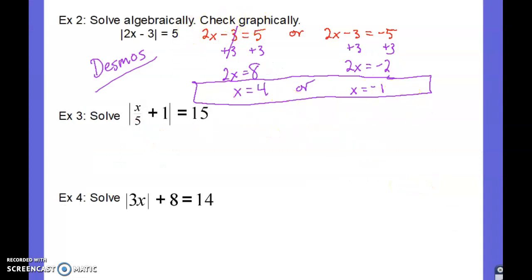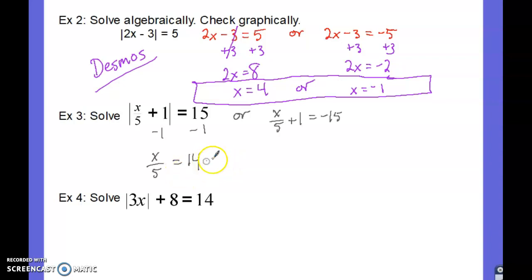Now the next one doesn't ask you to do that, so we don't have to. But again, your statement is either what's inside is equal to positive 15 or what's inside, because the absolute value, could be negative 15. Notice I didn't rewrite it this time. I kind of warned you I tend to do that. So x divided by 5 would be equal to 14.